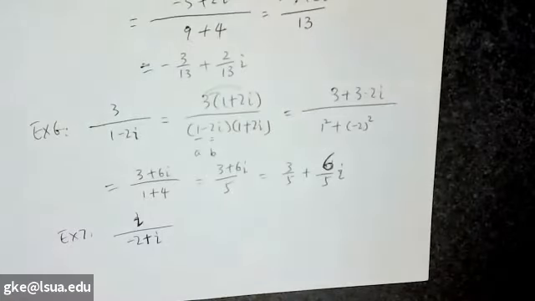Well, you don't need to care about the numerator, okay? How to rationalize the denominator. The numerator doesn't matter. What you're gonna do is the same thing. Let the denominator times the conjugate. For the numerator, just do the distribution. That's it.